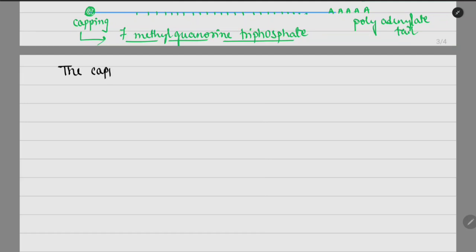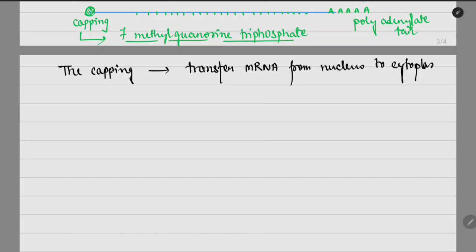The capping helps to transfer mRNA from nucleus to cytoplasm, and it helps to protect the 5' side from degeneration.